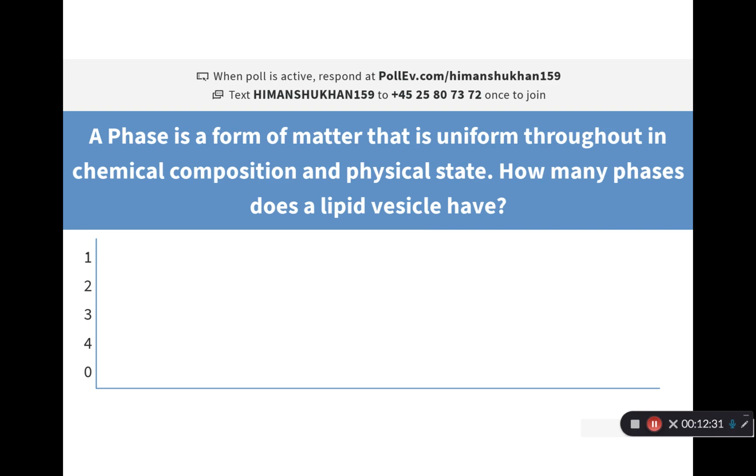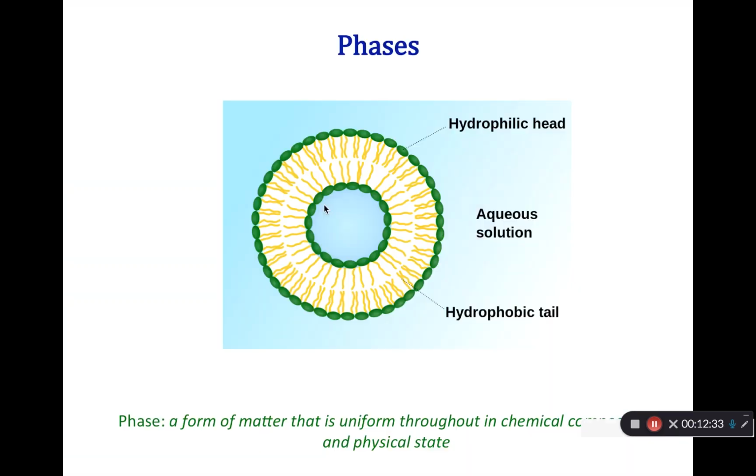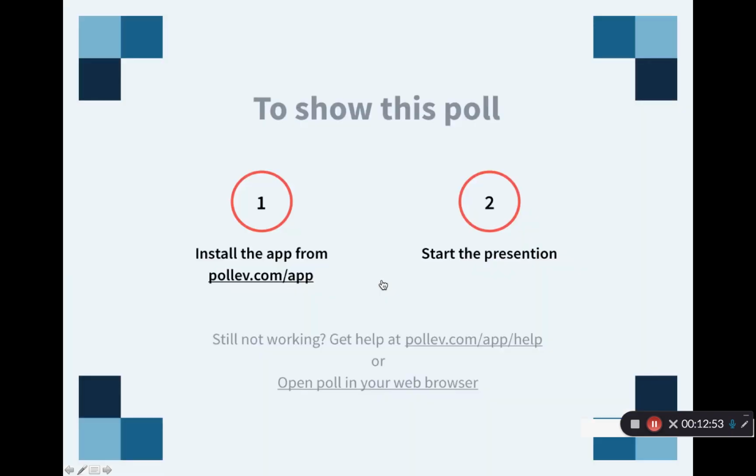And the answer is it has two phases. One phase is the lipid bilayer phase, and the other phase is the water inside. All the water inside, except the one at the boundary here at the interface, has the same chemical composition and the same physical state, macroscopically measured, and the same is true for the membrane.